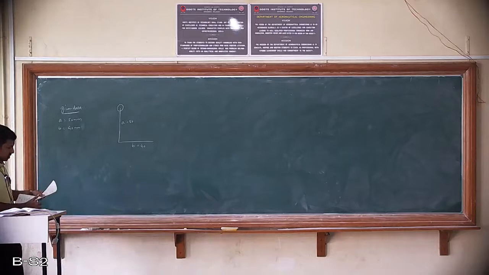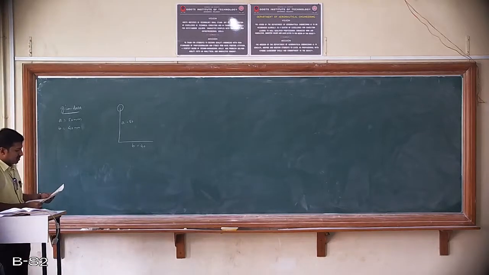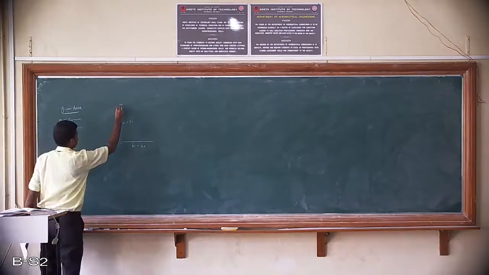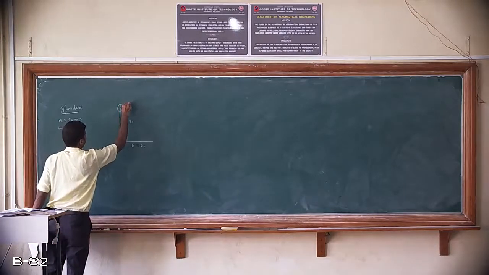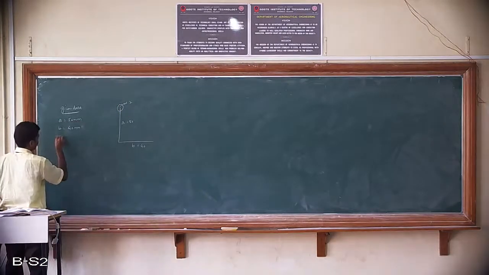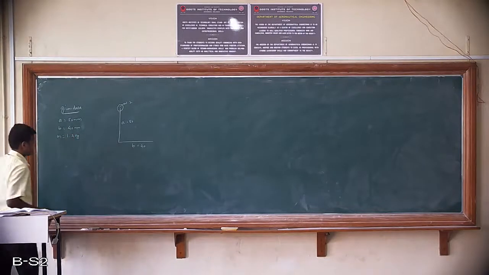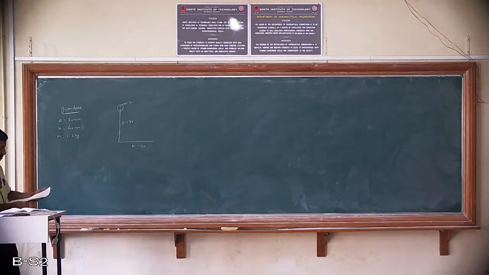Next, the mass of each ball is 1.2 kg, so I will mention it as small m, that is 1.2 kg. Next, the extreme radii of rotation of the balls are 70 mm and 105 mm.